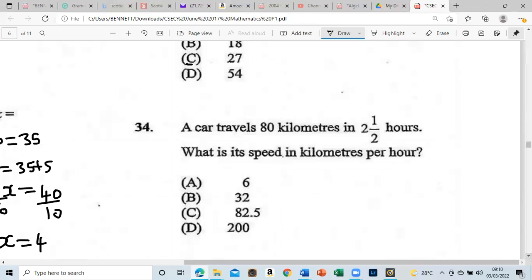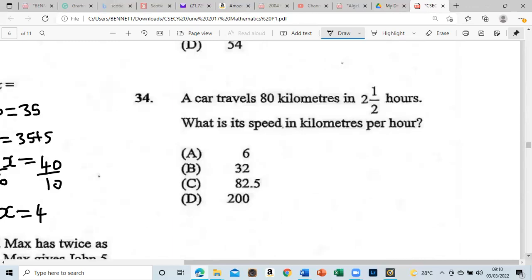Alright, look at this one now. A car travels 80 kilometers in 2.5 hours. What is the speed in kilometers per hour? So we're going to divide 80, and we could take it from there. So we know that distance is speed times time.